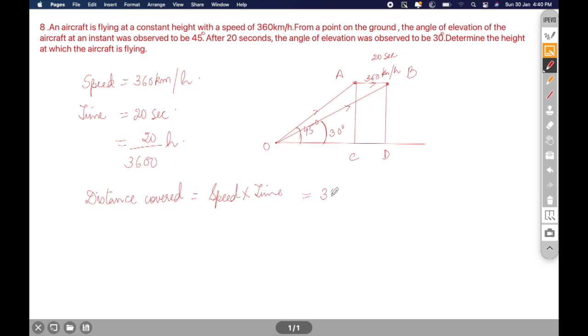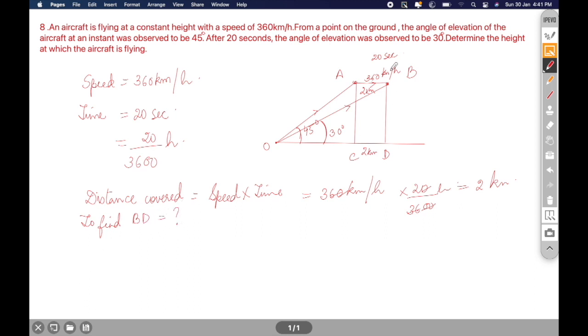So it is 360 km per hour into 20 by 3600 hours. Here this cancels and it is 2 kilometers. So 2 kilometer distance traveled from A to B. So CD is also 2 kilometer because ACDB is a rectangle. We have to find the height of BD.